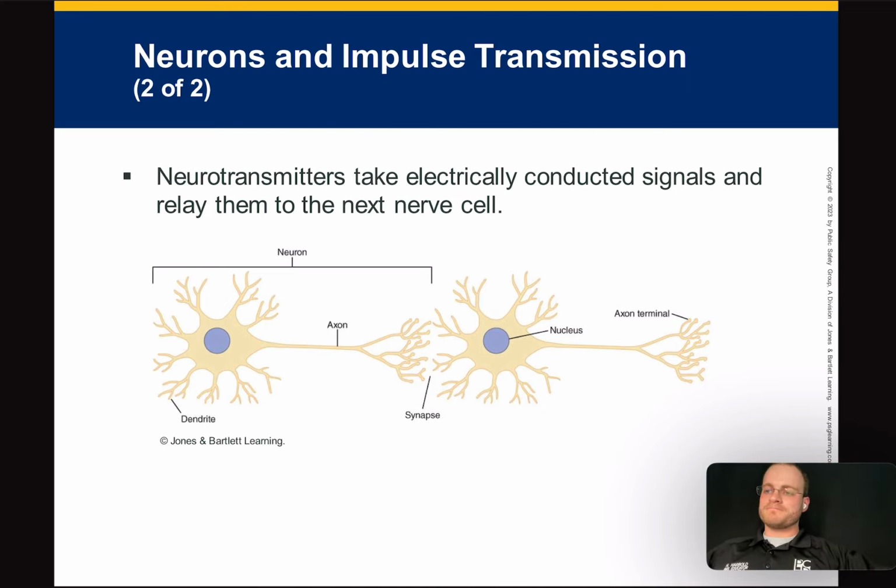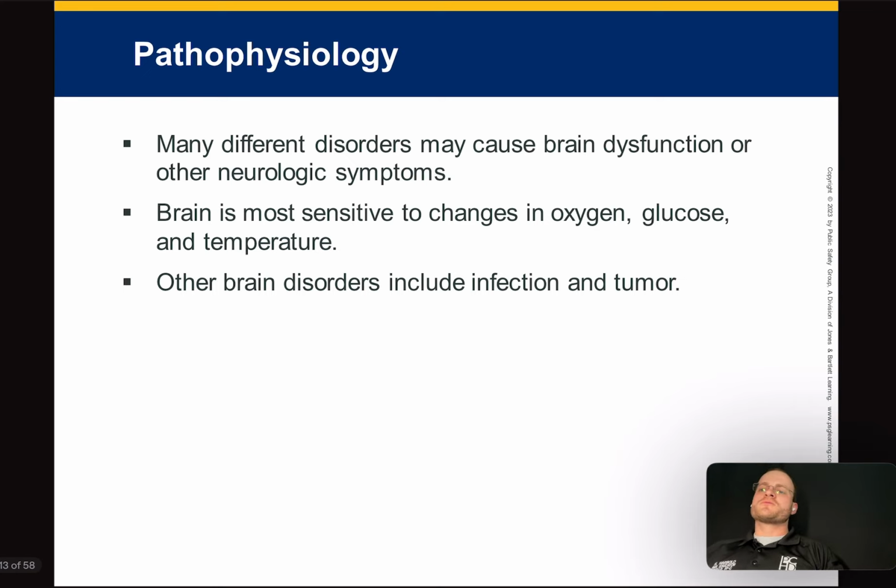Okay. There are a lot of different disorders that will present with neurological symptoms, right? That's why I say in shock, altered mental status is one of the first things you'll see, because the brain is so sensitive to oxygen, glucose, and temperature.